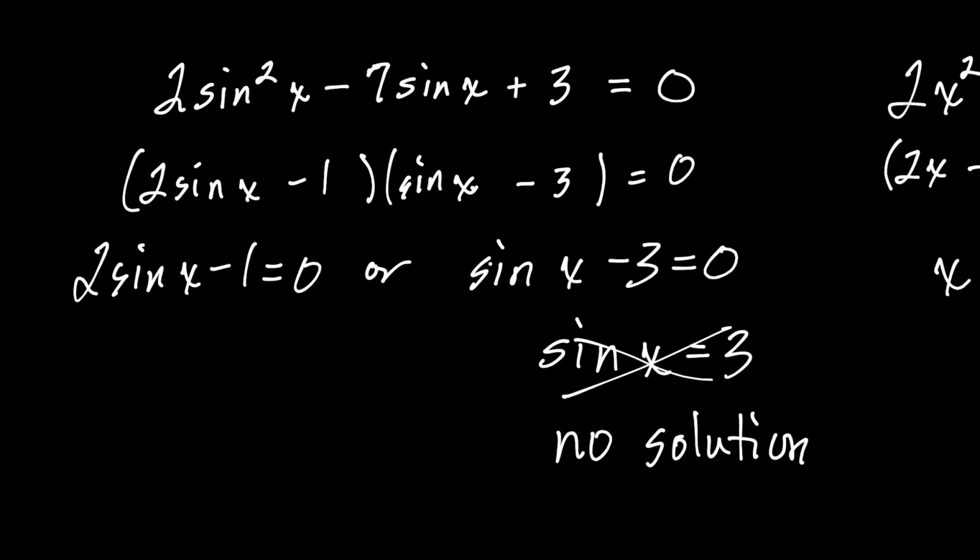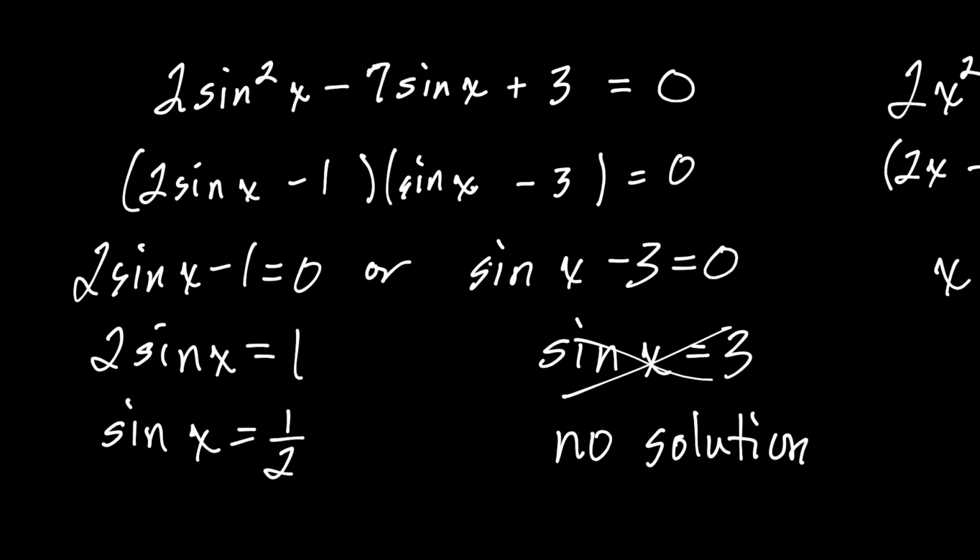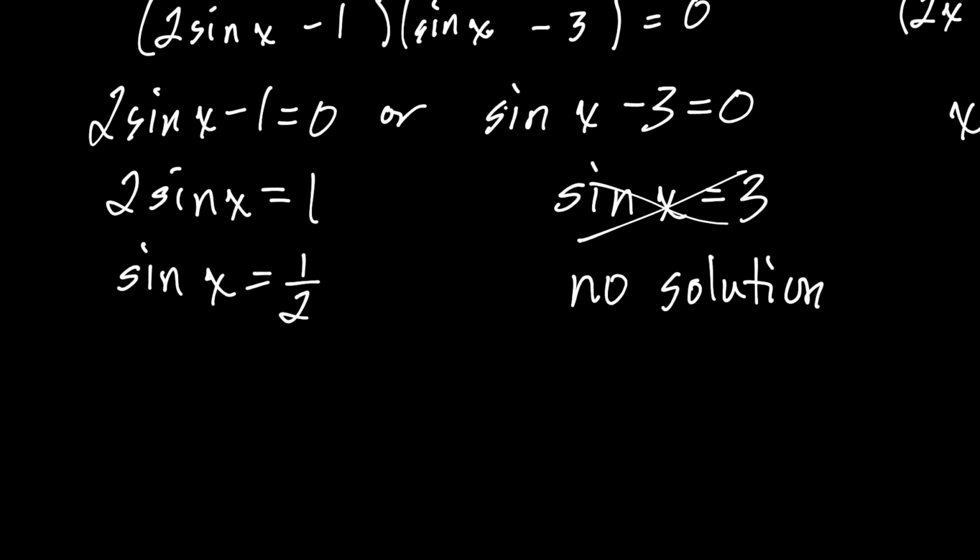That's fine too. Coming back over here, I get 2 sine x equals 1. So we add 1 on each side, then divide each side by 2. A lot of these problems are contrived in your textbook, so they always work out nicely.